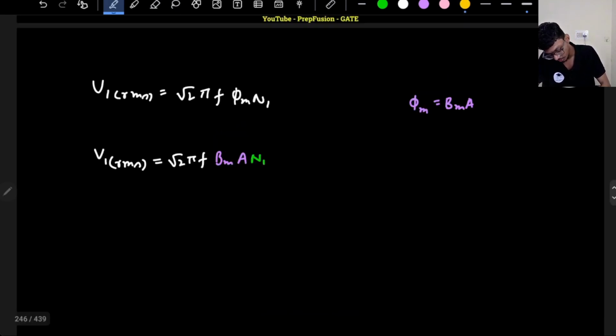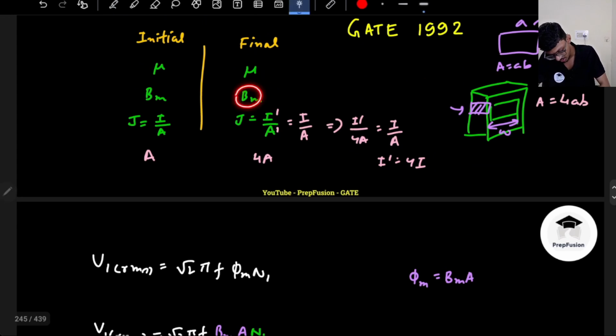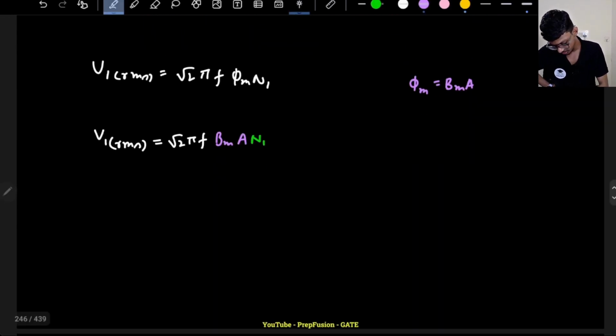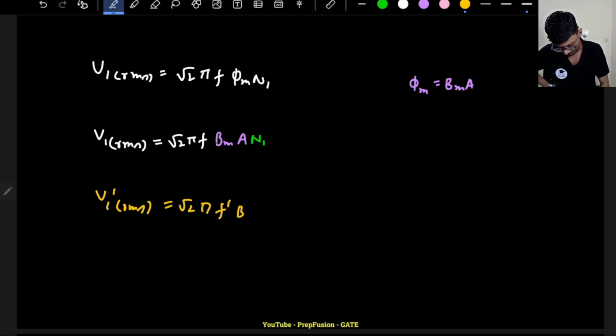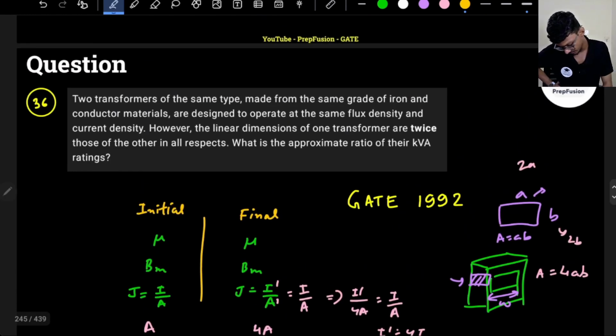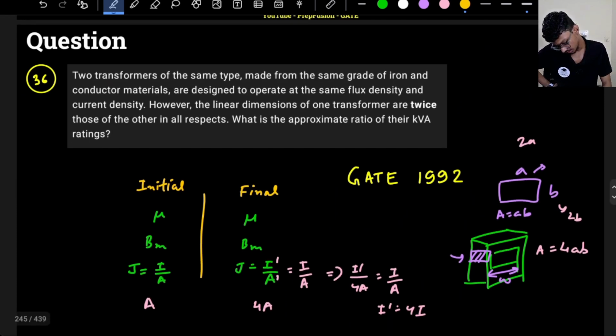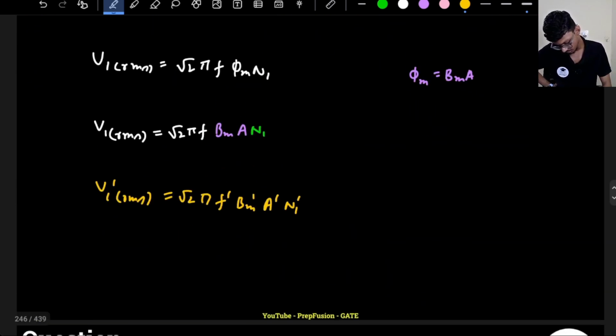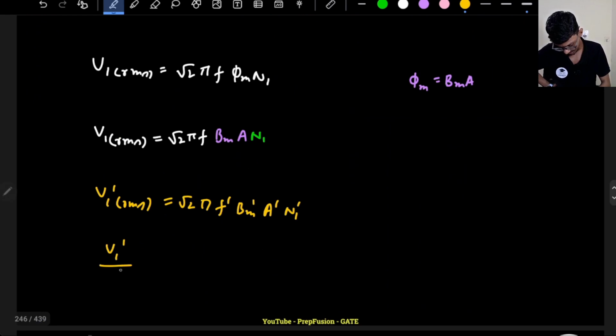From here I know my Bm is constant, Bm does not change, but the area changes, area is 4 times. So this is my initial. If I just take the ratio, V1 dash RMS will be root 2 pi f dash Bm dash A dash n1 dash. Nothing is mentioned about the number of turns. The assumption is the number of turns remains the same.